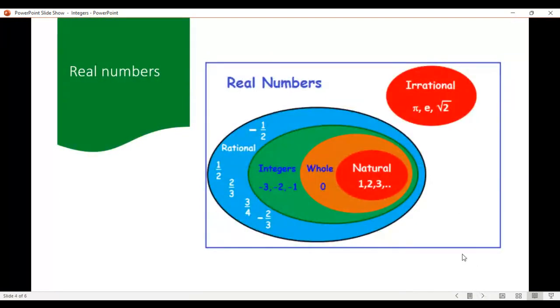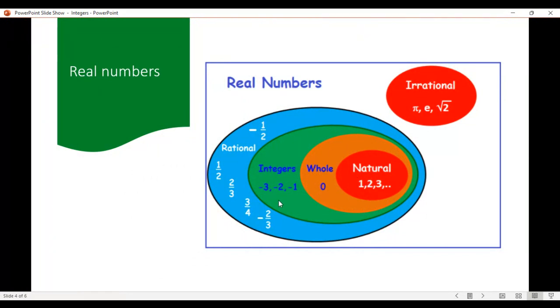We can also visualize it like this: natural numbers 1, 2, 3. The whole numbers also include natural numbers, so you will see that the circle also includes natural numbers.